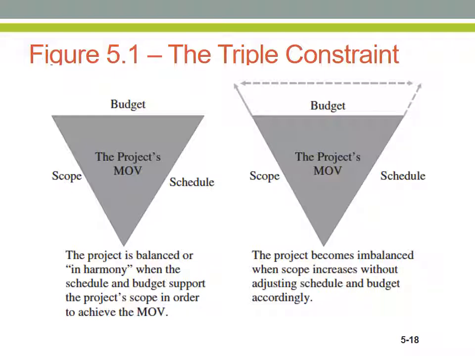So let's talk about scope creep. In order to produce a project's measurable organizational value, we typically have what we call a balance between scope, schedule, and budget, meaning we have determined what we're going to build, and based on that amount of functionality that we are going to build, we have estimated a budget that we are going to use to pay for the generation of this scope.